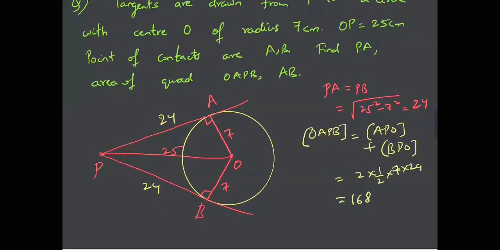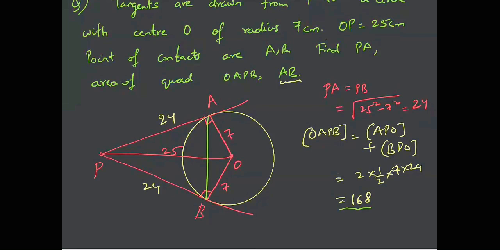Okay, fine. So now the challenge is how to find this length AB. That is the challenge. So I mean, it is also not very difficult. So what we'll do is we'll find area in another way.